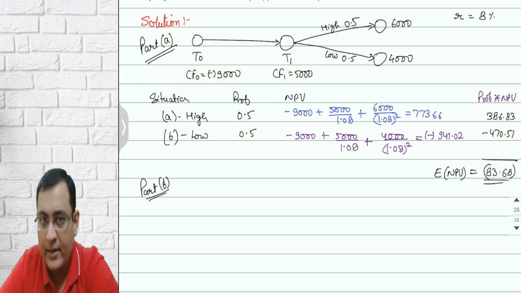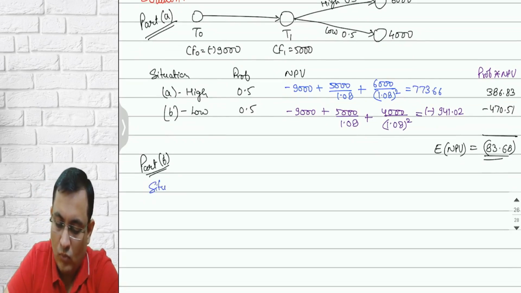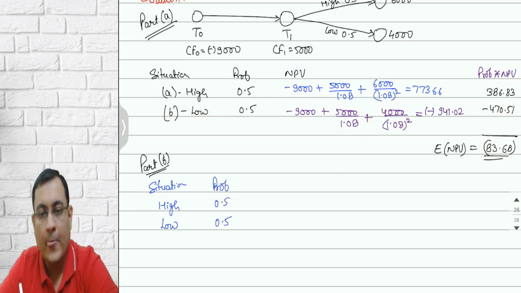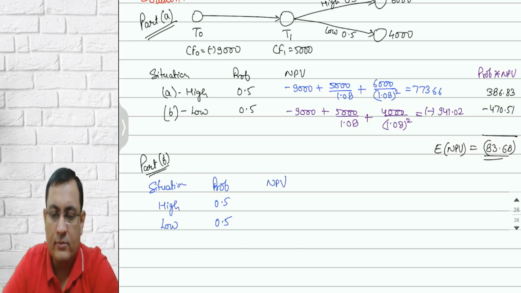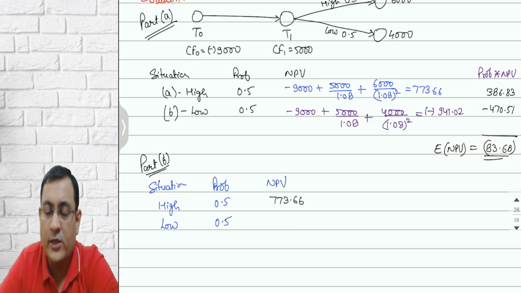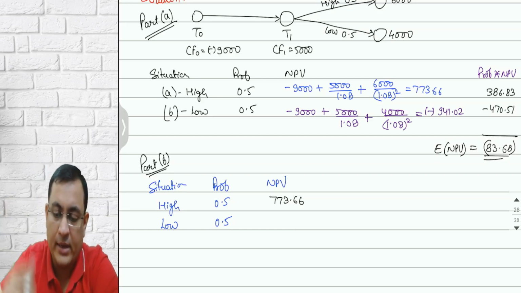If demand is high and demand is low, the probability will be the same, 0.5 and 0.5. Now in this case, we are getting 6,000 rupees positive inflow. We will get an NPV of 773.66. But in the second case, we are getting only 4,000 rupees by continuing the project. We should be abandoning the project at T1 where we are getting the higher inflow.